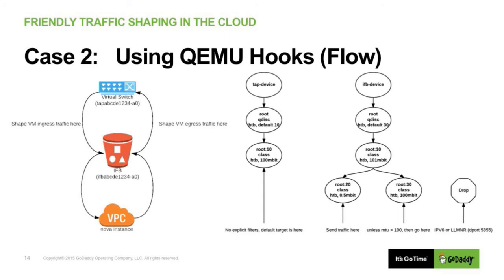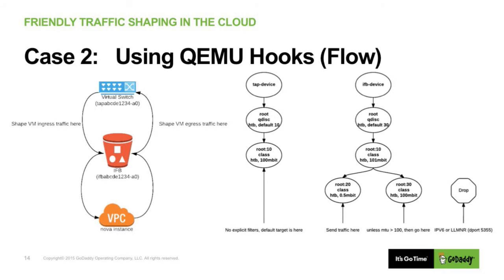So if you look at the middle photo, it's a diagram showing that you basically have your QDisk allowing 100 megabit with no special rules or anything, so everything goes through. If you shove 101 megabits through your guest, it will limit all those packets until it catches up, and everything will eventually be sent.